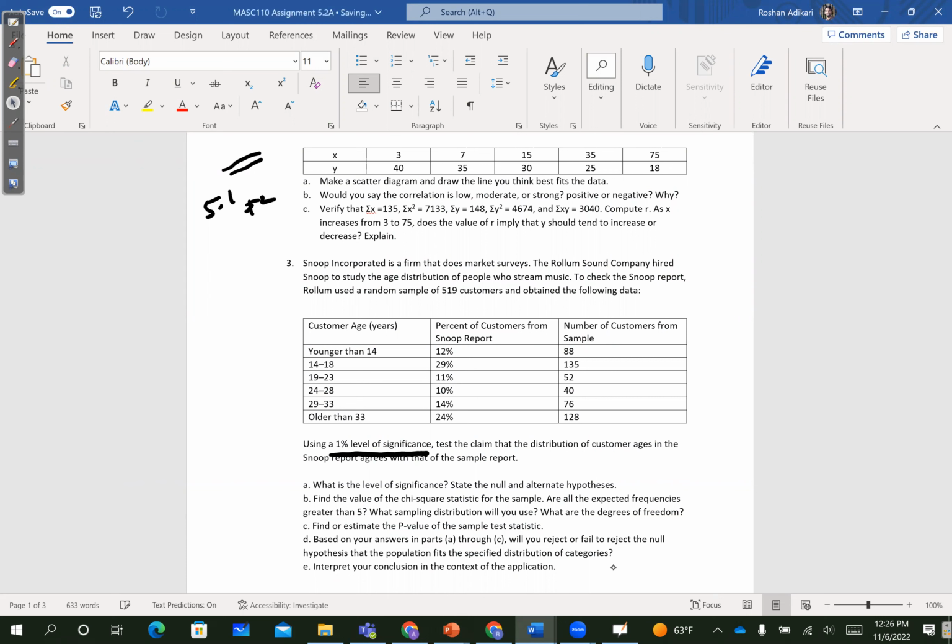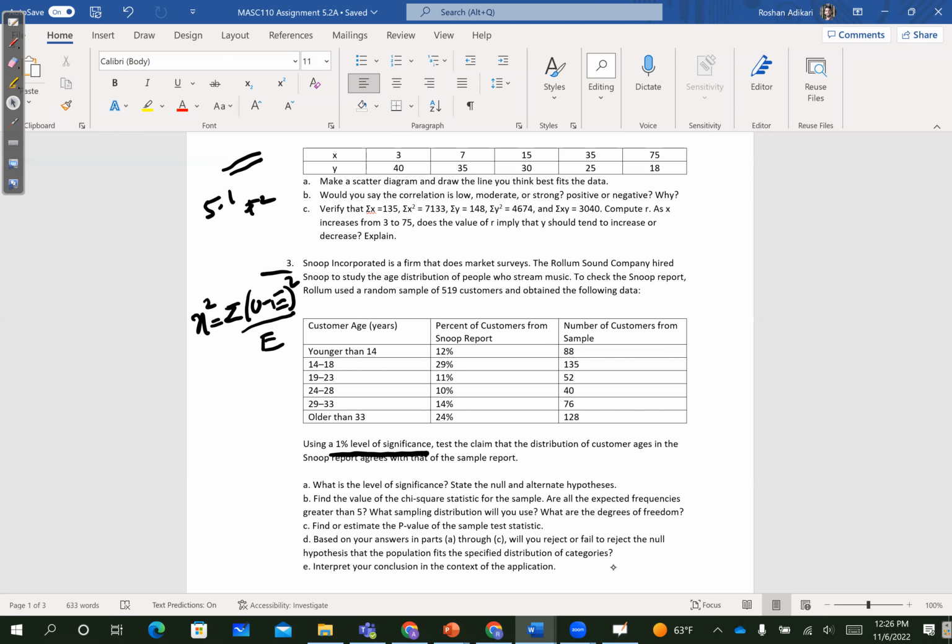Chi-squared is sigma (O minus E) squared divided by E, right? Here O is the observed frequency. Sigma means you have to add many values.